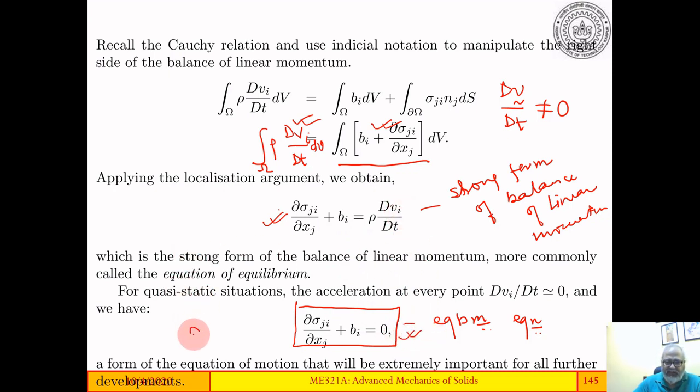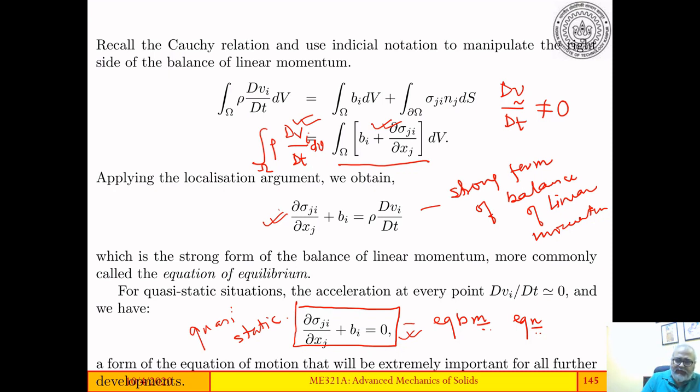So this is the quasi-static case. The quasi-static equations have a very different character than the general equations of equilibrium. And solving this and solving this, though they might look very close in spirit, are completely different ball games.